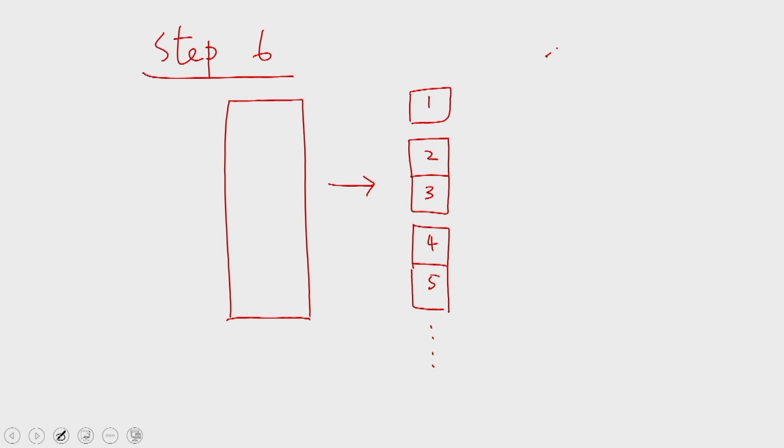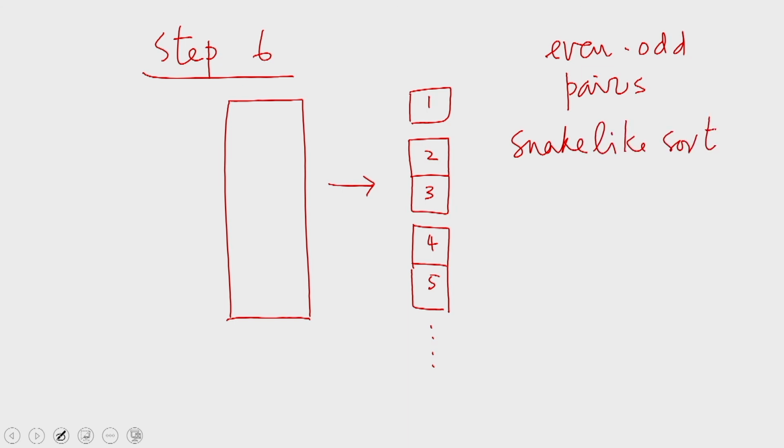So, we form even odd pairs, and do a snake-like sort of these pairs of blocks using shear sort exactly as we did in step 5.